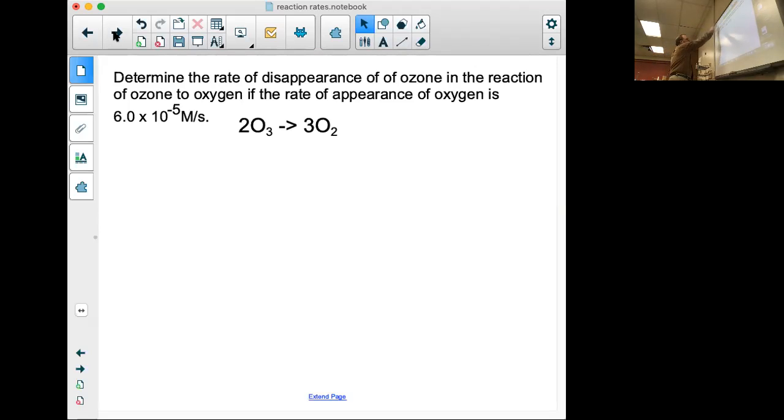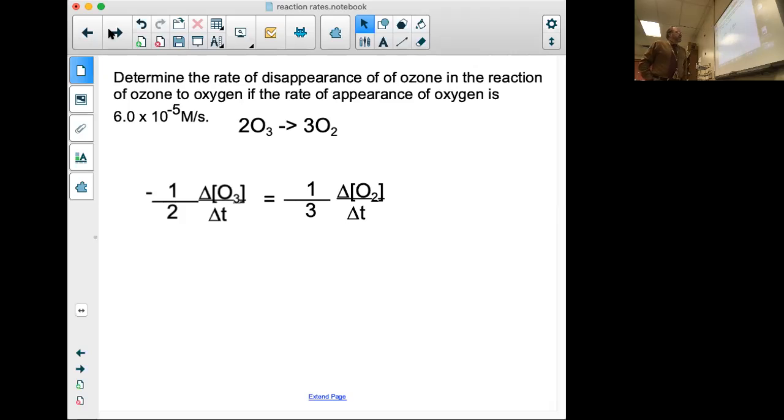So if we use our equation, we're going to say that 1 over 2 times the reaction rate of ozone is equal to 1 over 3 times the reaction rate of oxygen. Now again, that negative just means it's disappearing, so we can basically get rid of it. We're trying to find the rate of reaction of ozone.